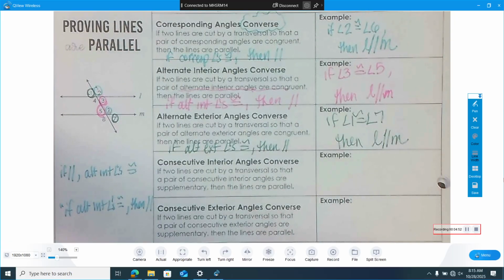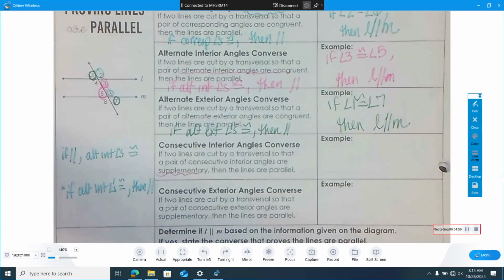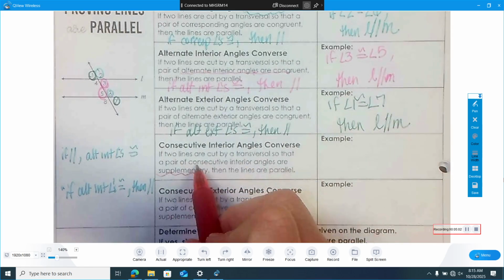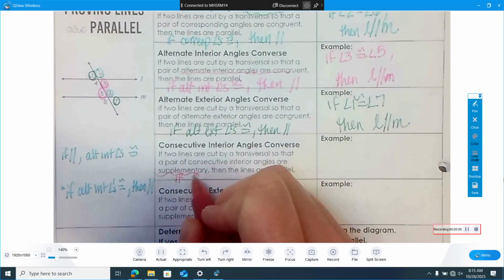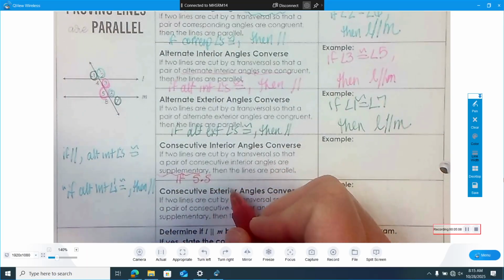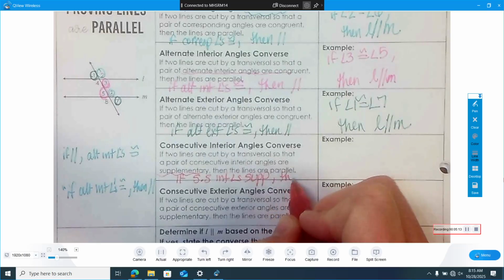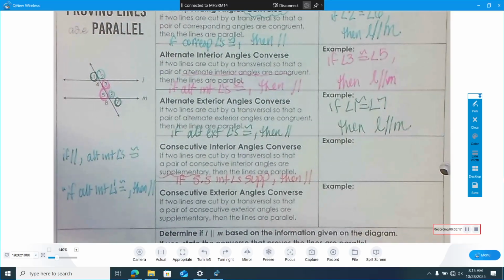All right, we also have the supplements here. Which things are supplementary? Same side interior angles, they say consecutive interior angles, but we were using same side. So if same side interior angles are supplementary, then we have parallel lines.